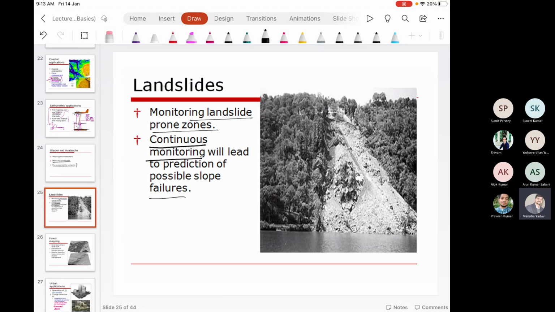How we do it: at a different epoch, we install a LiDAR system there and map this entire area, so you get three-dimensional information. In this case, we want three-dimensional information of the ground surface.